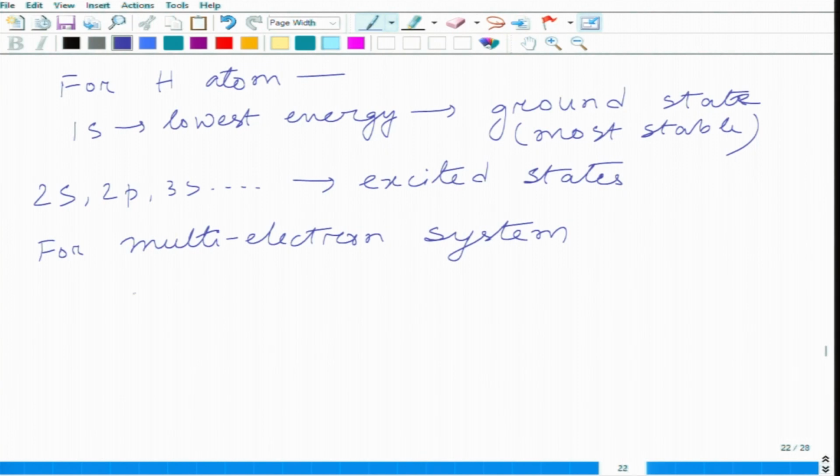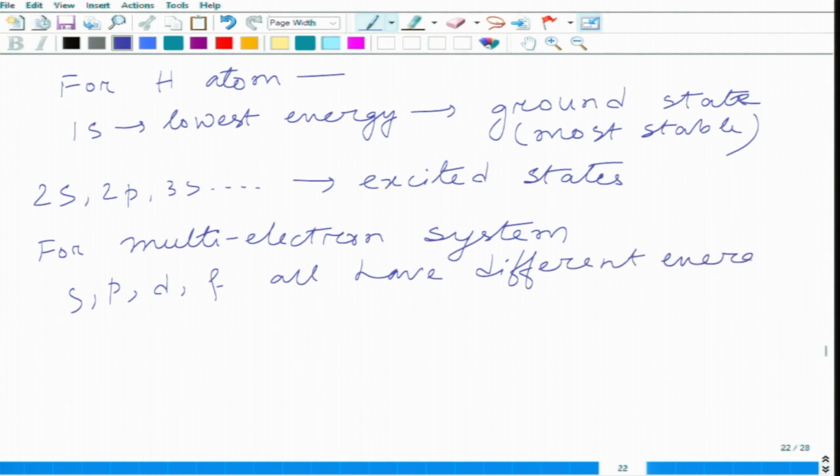But for multi-electron systems, S, P, D, F all have different energies, even for the same principal quantum number. Okay.